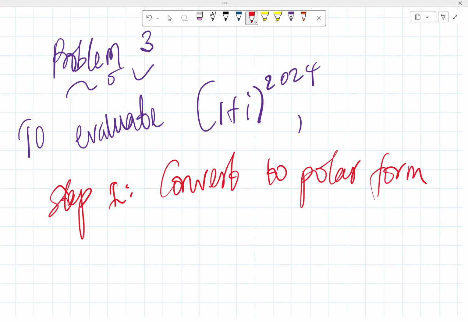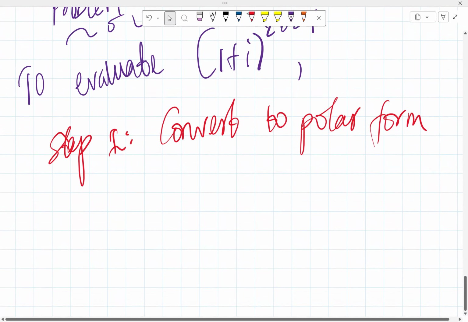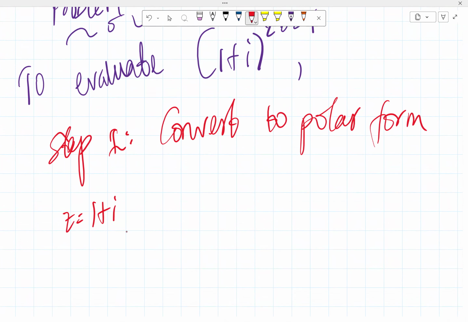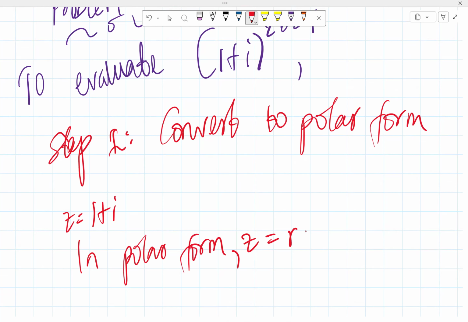Z is 1 plus i, right? In polar form, z is supposed to be r e raised to the power... in fact, since we've done this kind of thing before, let me just take it to exponential form.